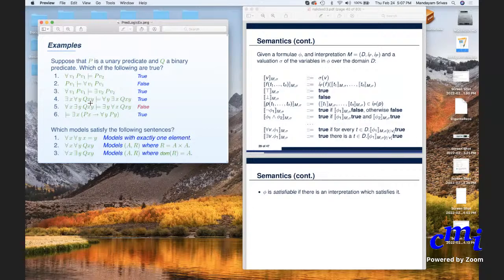It is true for those models in which Q is such that there exists one x in the range of Q which is related to every element in the domain. Therefore, the right side is asking if for every y I can find an x.